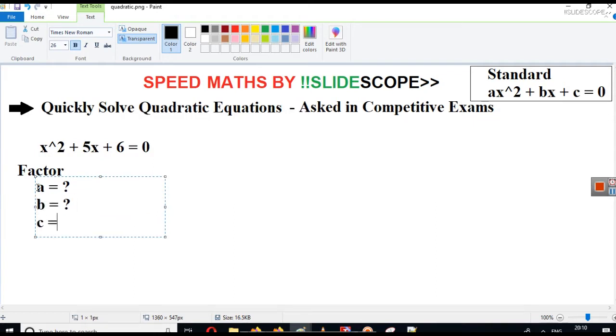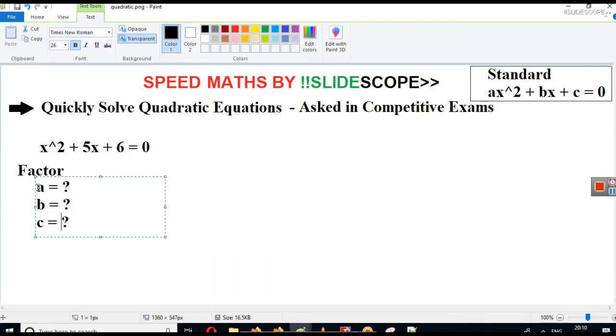Now I am going to discuss this factor method. Many viewers might already be familiar with the factor method to find the roots of a quadratic equation. But if you are not familiar with it, then you can watch this part.